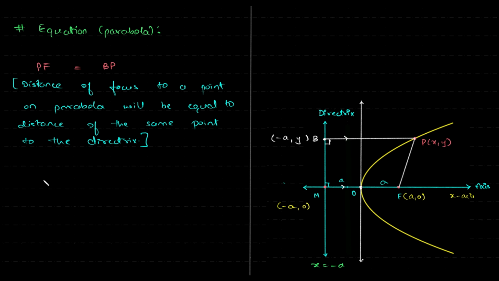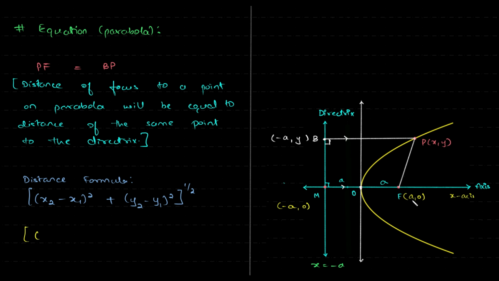Now, we'll make use of the distance formula. So we know the lengths are equal, so we have to make use of the distance formula. As simple as that. Square root of (x1 minus x2) squared plus (y2 minus y1) squared. And now we have PF.